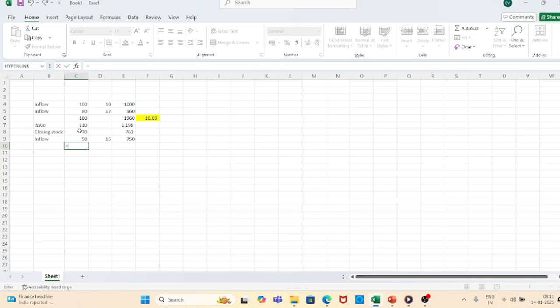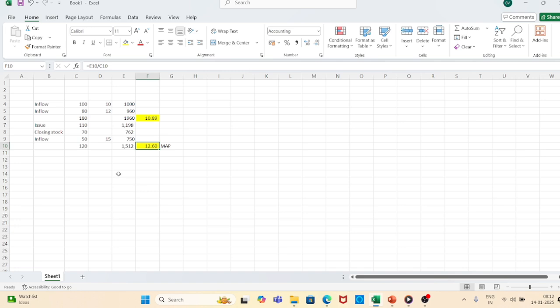Now the closing inventory is 220 and its value is 3012. Here the inventory price is 3012 divided by 220, 13.69 will be the inventory price as per moving average. This is the moving average price.